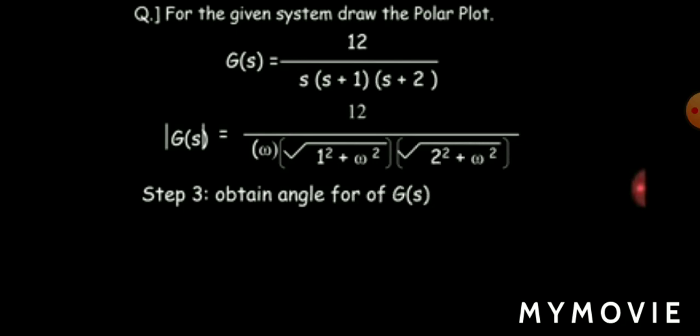The next step is to obtain the angle of G(s). In Bode plot we find the phase angle plot, the same thing, the same table. I will explain once again. For obtaining the angle, z equals r plus jx, so the angle of z will be tan inverse of imaginary by real.